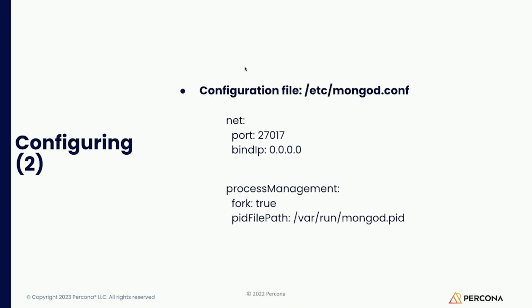Or if not, you can just specify the IP of the interface you want it to bind to. Then you have the process management section, which controls whether when you start the service it will fork into a new process or not. And you can control the location of the process ID file, okay? Normally we don't have to change this.